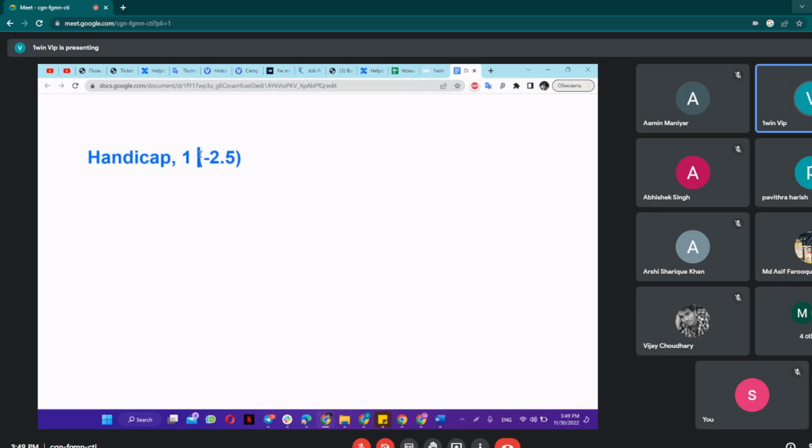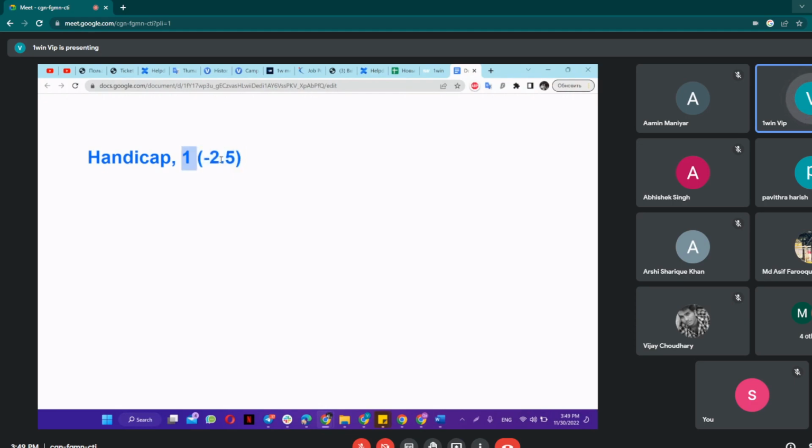This amount of goals, minus or plus, depends on what we are doing with these goals. Taking off or adding only applies to the team we are betting on.